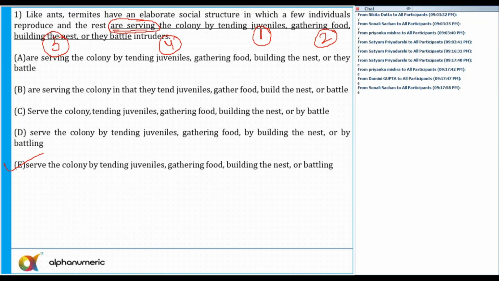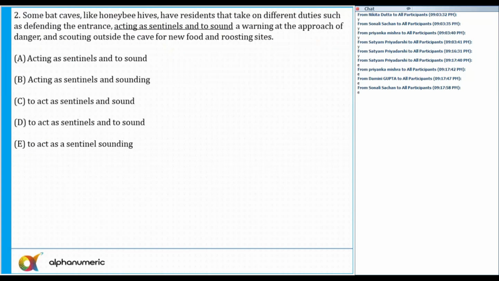Question number 2. Some bat caves, like honeybee hives, have residents that take on different duties, such as, now what are the duties? Number 1, defending the entrance. Number 2, acting as sentinels.